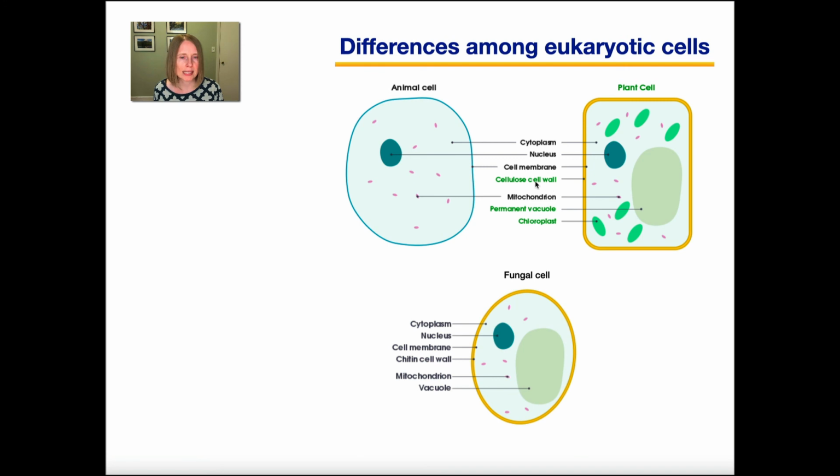But here this points out that the cell wall made up of cellulose is unique to plant cells, not animal cells. Plant cells also have that central vacuole, and they have chloroplasts. Fungi do have a cell wall, but it's made up of chitin, not cellulose. They do not have chloroplasts. They do have a bigger vacuole. At surface, it might seem that fungi are more similar to plants, but evolutionarily, they're actually more closely related to animals. But that's something you can learn more about later.